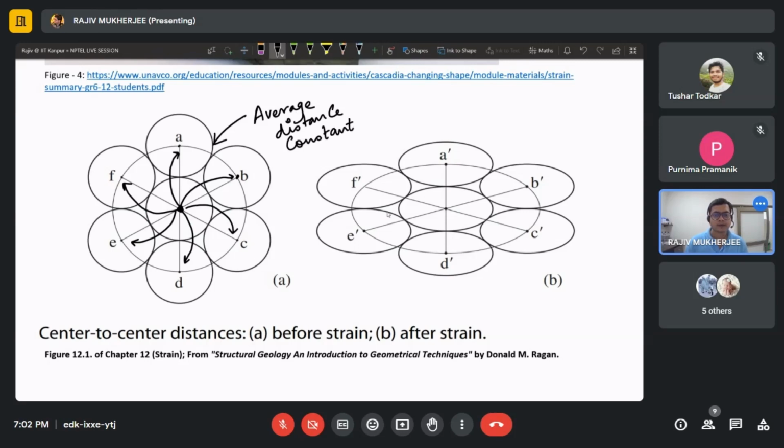So in any direction, the average distance would remain the same. So in that case, wherever we are measuring the center to center distance, this essentially tells that these are isotropic distribution.